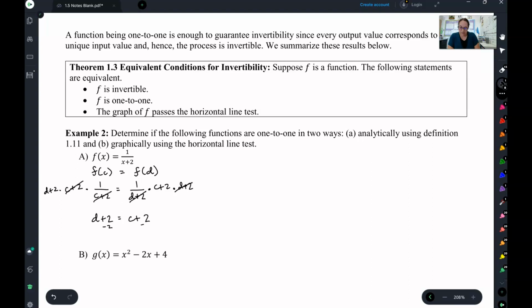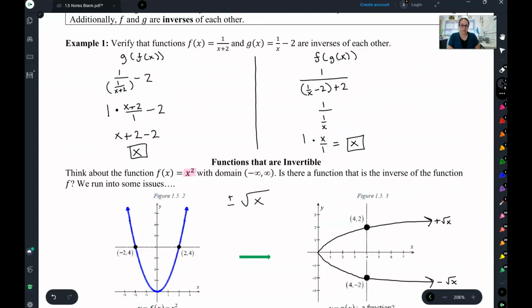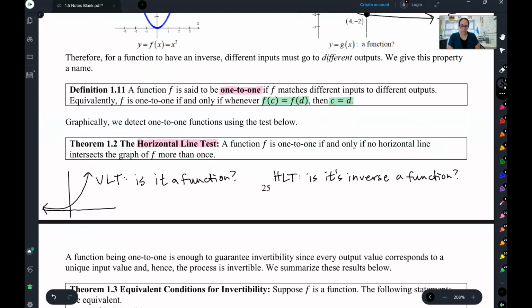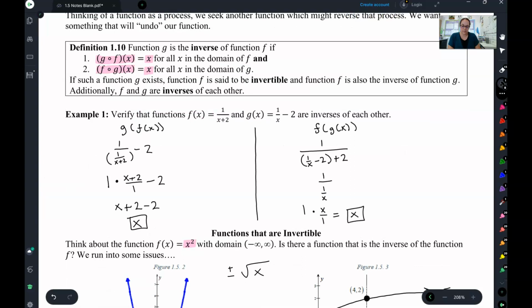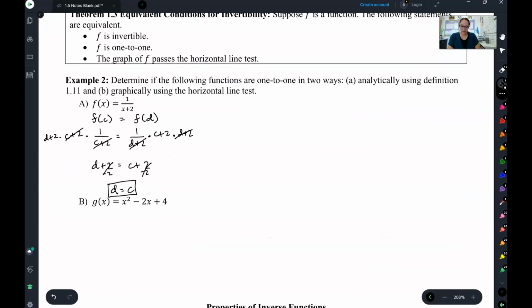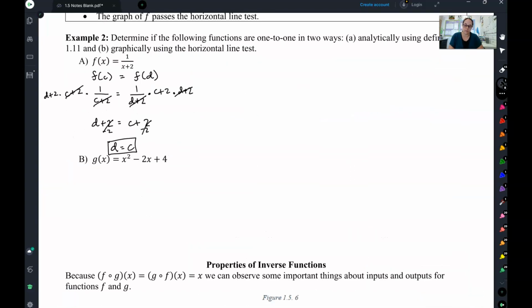And now I can minus 2 to both sides, and I end up with d equals c. That was the final part to our 1.11 definition. So you plug in f of c and f of d, simplify it, and see if you end with c equals d. So right there we can say, yes, we know this is 1-to-1.